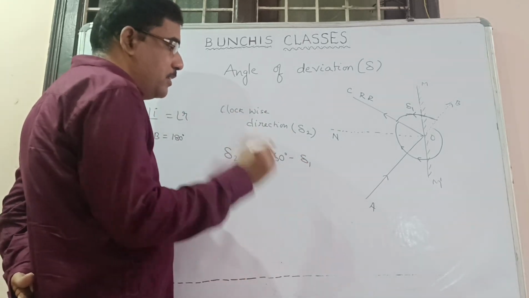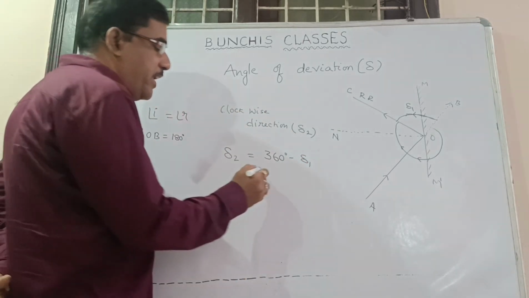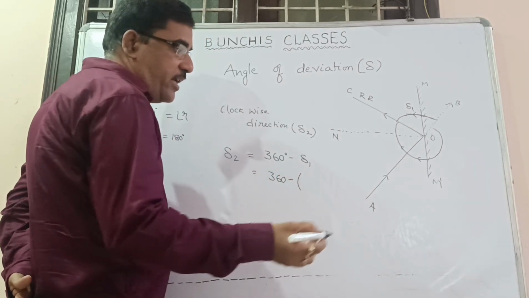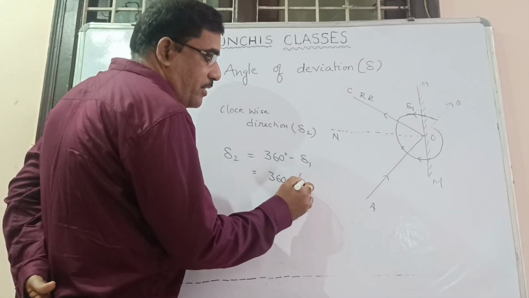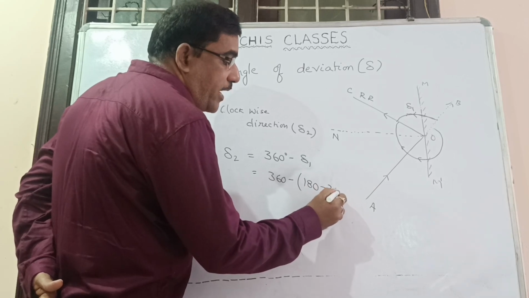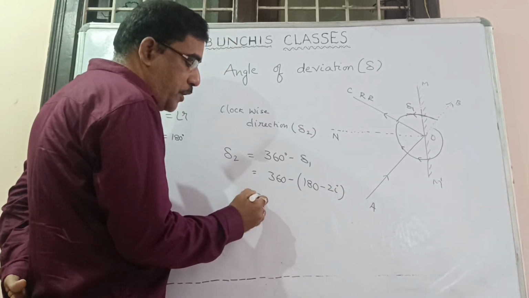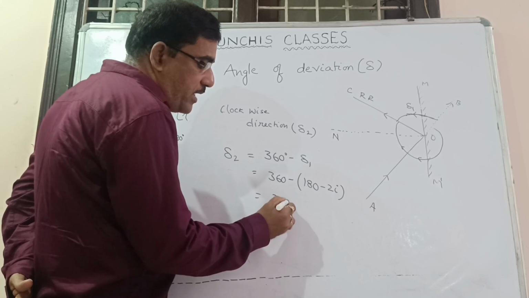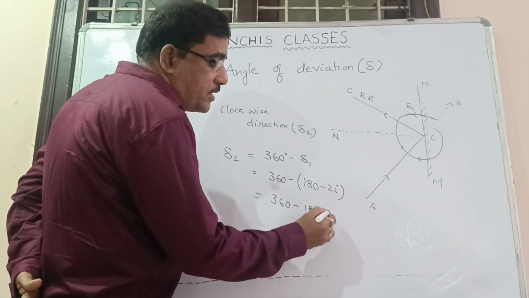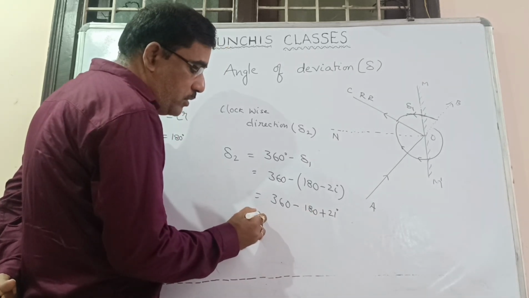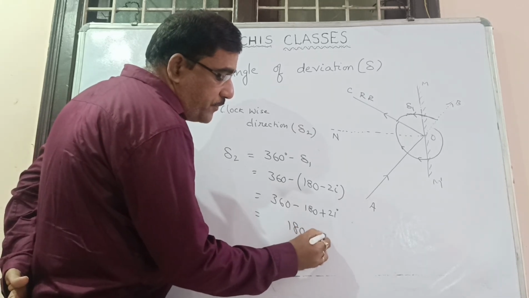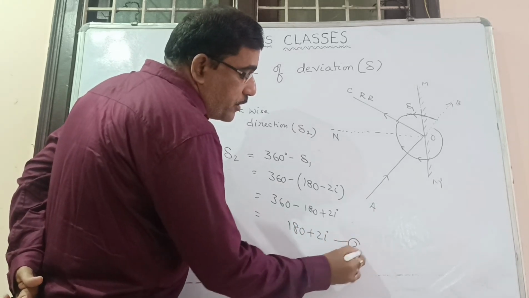What is delta 1? Already we derived it in equation 1, that is 180 minus 2i. Substitute the value. As a result we will get 360 minus 180 plus 2i, so 360 minus 180 is 180, plus 2i. This is number 2.